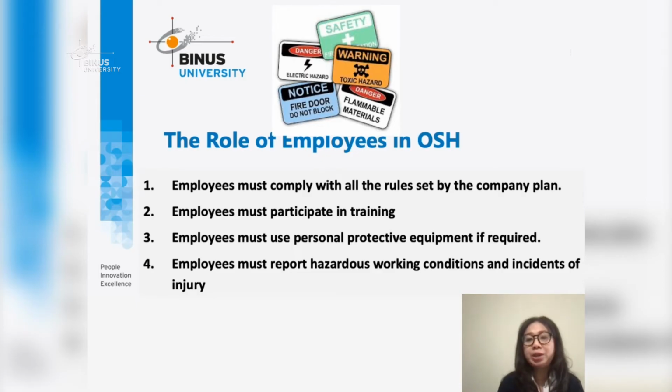Employees have a duty to report hazardous working conditions to their supervisor. Employees must report incident of injury or other rights related to safety matters. Employees are encouraged to publicly report any knowledge or violation of occupational safety and health regulation.